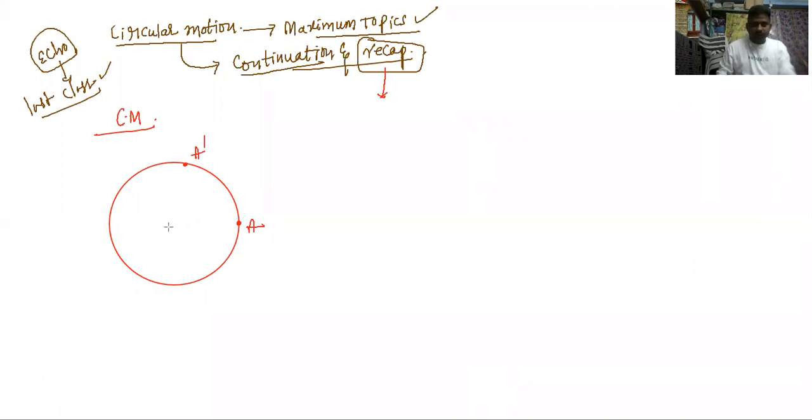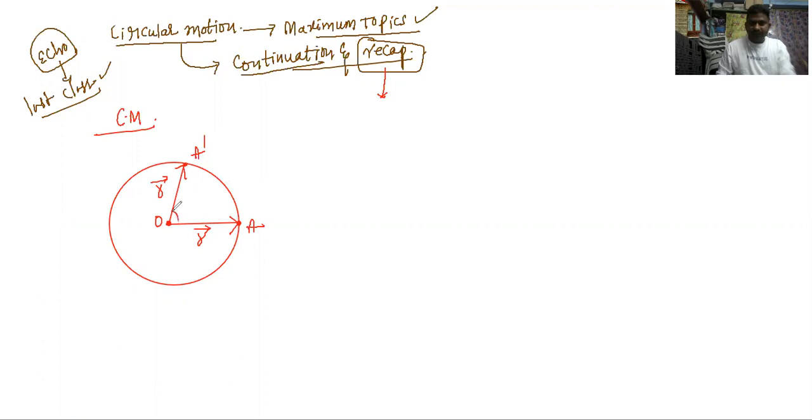Here, this is the midpoint. See the radius of the circle, and this is also the radius of the circle. So this is the radius vector from the midpoint to the position of the particle, r bar.